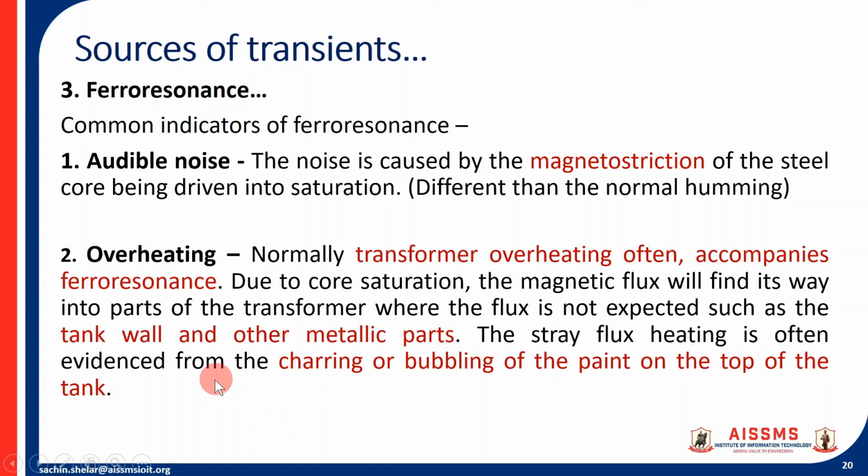Stray flux heating is often evidenced by charring or bubbling of the paint on the top of the tank. So whenever there is a post-mortem of a transformer failure, these telltale signs are there. If charring or bubbling of the paint is there, then you can backtrack that there must be some stray flux which causes eddy current loss, and due to that the heating is there. This way you can find out the failure reason also.